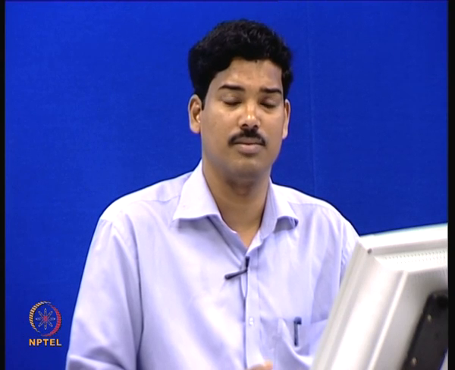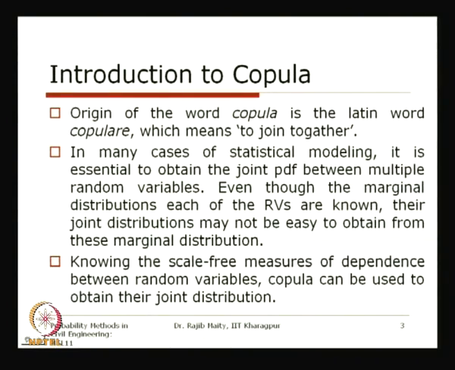Two such measures that we will discuss in this lecture are Spearman's rho and Kendall's tau, which will come after some time.